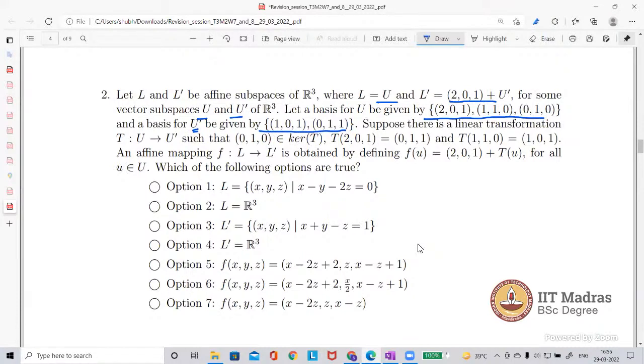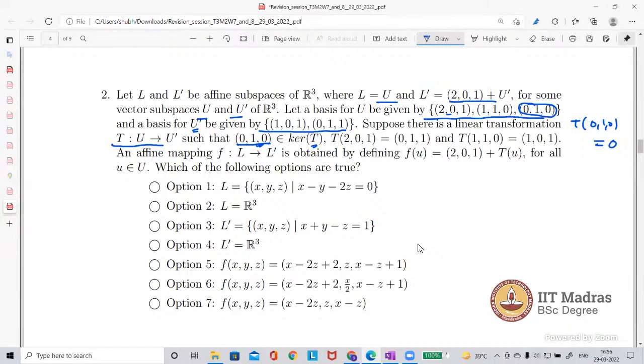Now there is a linear transformation given between these two subspaces, from U to U prime. The property of the linear transformation is the mapping of 0, 1, 0, which is in the basis of U. This vector belongs to the kernel of T, meaning that when you take the image of 0, 1, 0, it is 0, 0, 0.